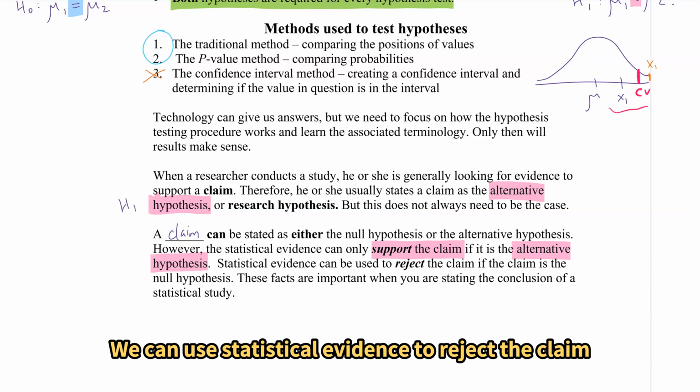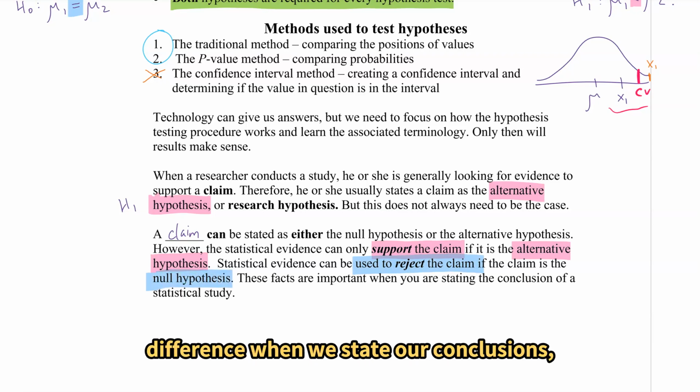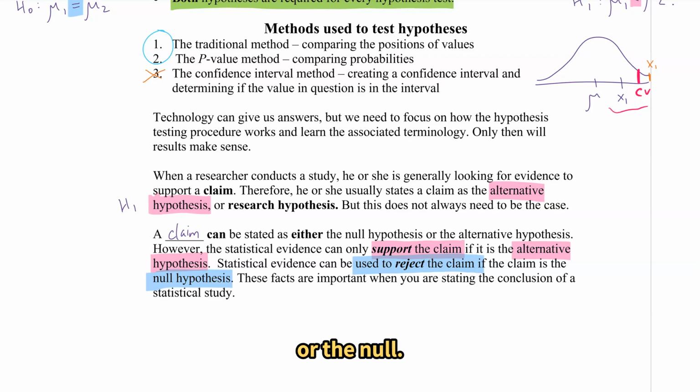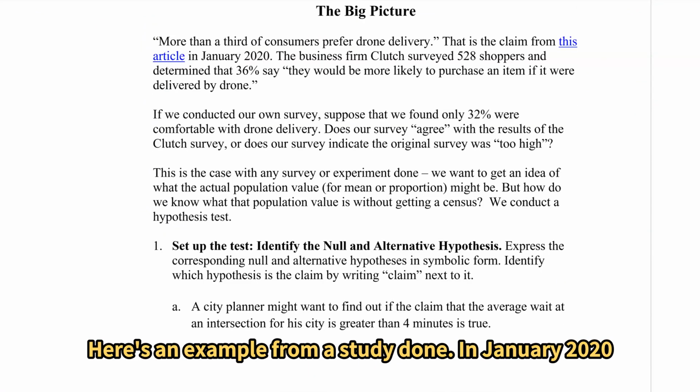We can use statistical evidence to reject the claim if the claim is the null. This is going to make a difference when we state our conclusions, whether the claim is the alternative or the null.